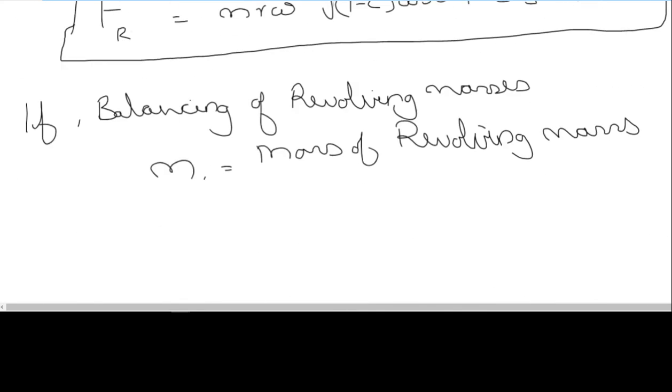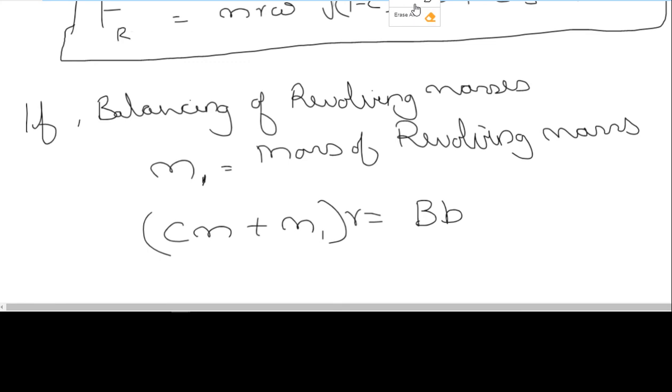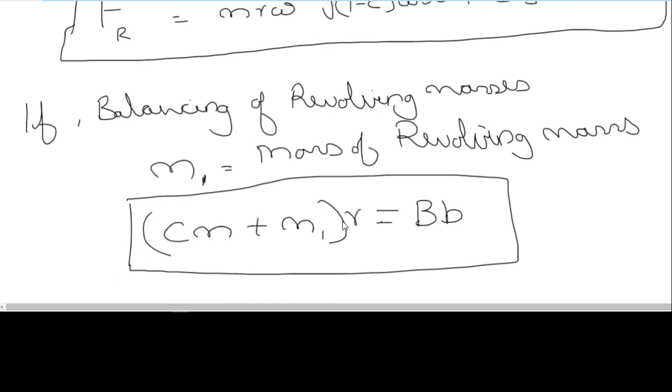But if you have to balance the revolving masses also, then we should modify that equation as (c m plus m1) r is equal to b B, where m1 is the mass of the revolving masses. Normally, in all the numericals, you will be provided with the mass of the revolving masses also. So m1 will also be there. So in our numericals, this is also important.